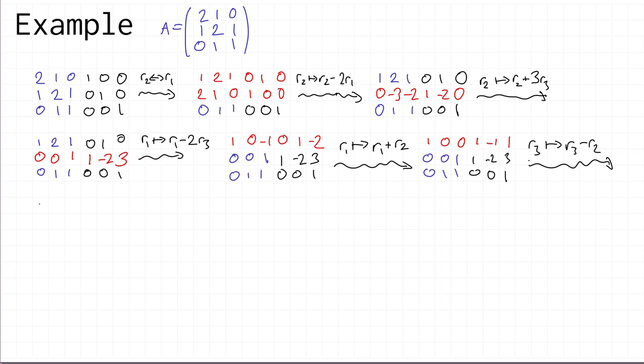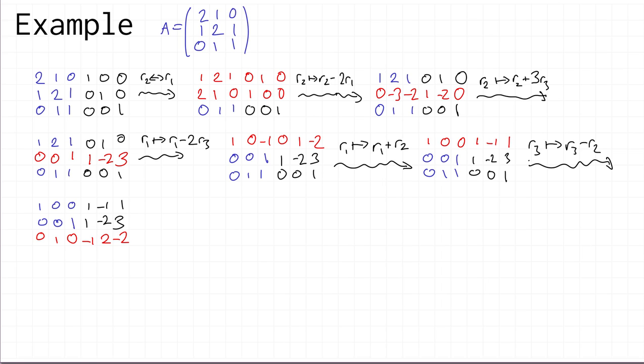So I'll have 1, 0, 0, 0, 0, 1, and 1, minus 1, 1, and 1, minus 2, 3. And then the third row will become 0, 1, 0 there, and I'll get a minus 1 here, and a 2 here, and a minus 2 just here.